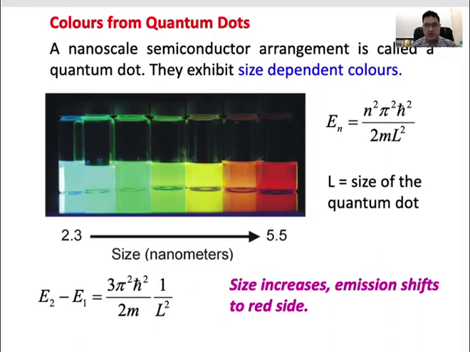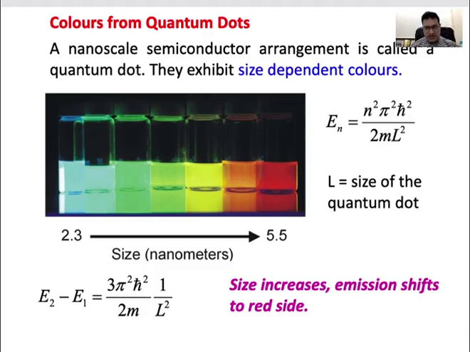Okay, so you have seen that your energy for a particle in a box is written in this following fashion, where En is proportional to 1 over L square, where L is the size of the quantum dot in this particular case. Okay, and as you can see, this is experimentally measured data for quantum dots, and you can see that the size is increasing from 2.3 nanometer to 5.5 nanometer.